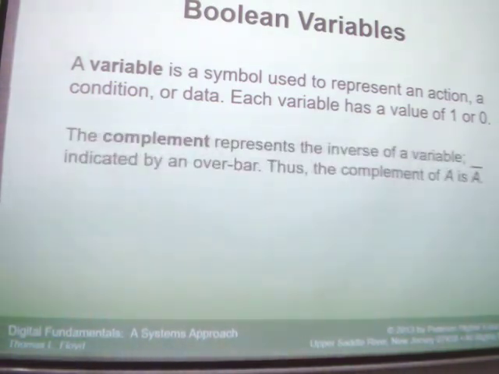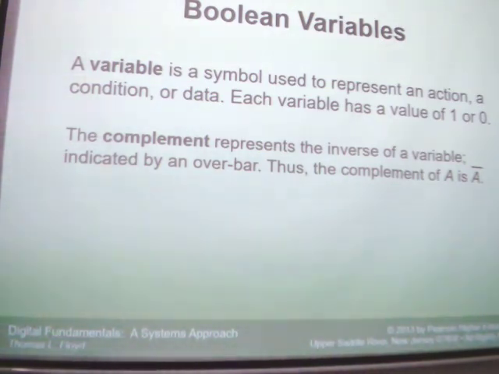The second concept is the complement. The complement of a variable represents the inverse of the variable. The inverse of a variable is indicated by an overbar. Thus, the complement of A is A overbar.